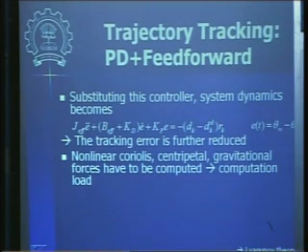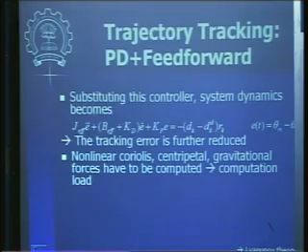Okay, the main advantage is that this error gets reduced, but what is it at the cost of? Why does the error get reduced? You have to pay for something. So when you are talking about reduction in error, you have to do all these control term computations like the nonlinear Coriolis, centripetal, gravitational forces in this D term, they have to be computed.